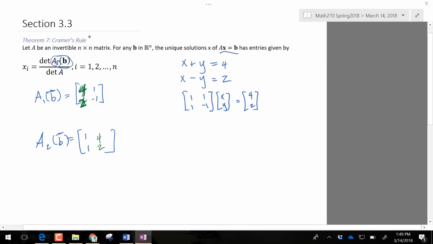Okay. So we'll find the determinants of these. The determinant of A1(b) is going to be -4 minus 2, -6.